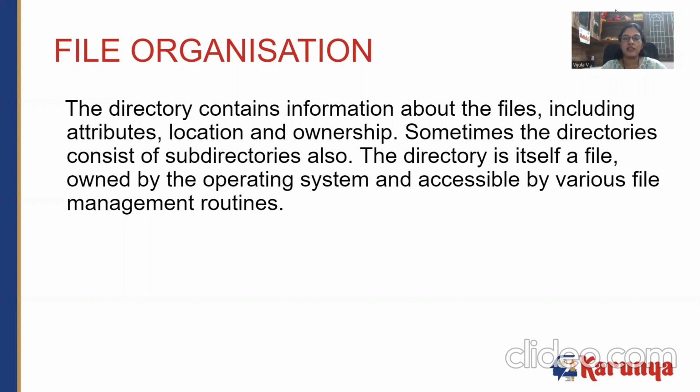Files contain the data that we want to store, and the directory contains information about the files, including attributes, location, and ownership. The directory is itself a file, which is owned by the operating system and is accessible by various file management routines. Sometimes directories could also have subdirectories. These are the common terms you should remember under file organization.